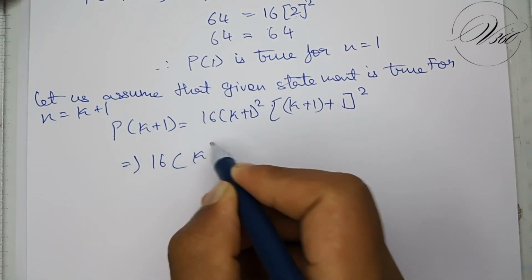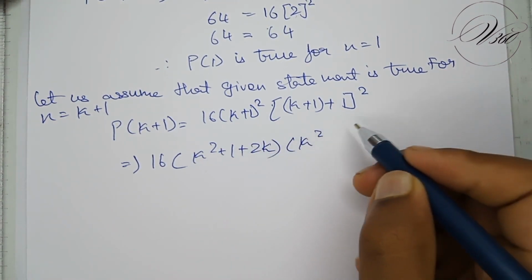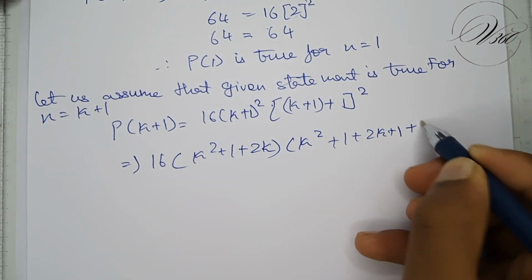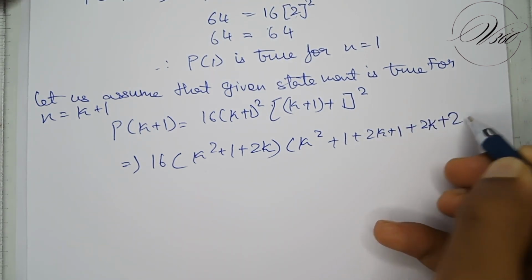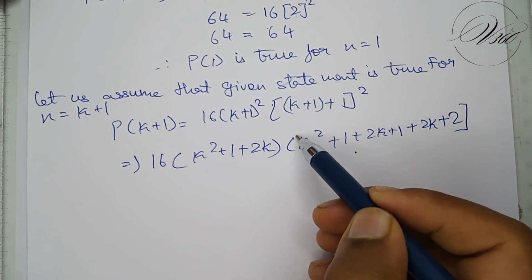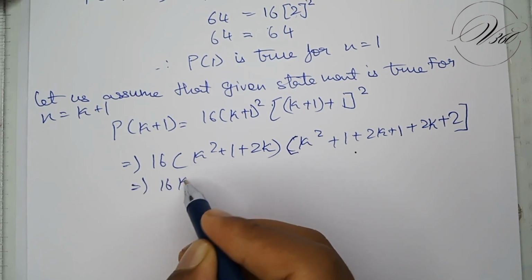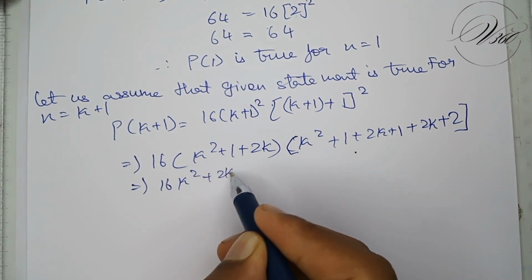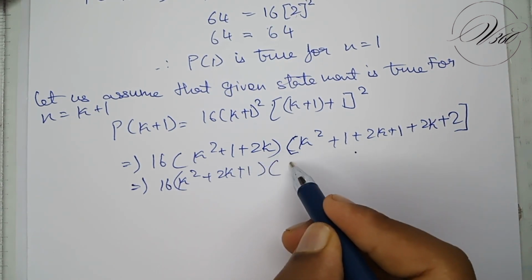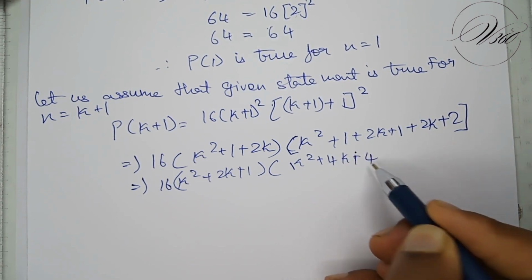of (k square plus 1 plus 2k) of (k square plus 1 plus 2k plus 1 plus 2k plus 2). I can write this in the form of this, no, using formula. So I have written it. Now I will get 16 of (k square plus 2k plus 1) of (k square plus 4k plus 4).